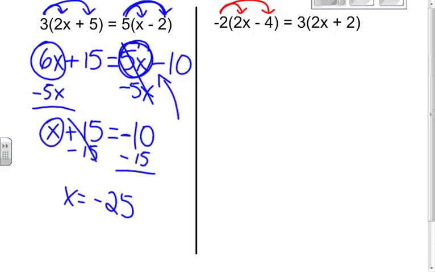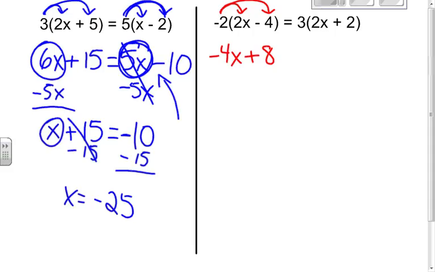Negative 2 times 2x is negative 4x. Now, this is where we have to be careful. Notice I'm not writing a plus or a minus yet. I'm going to multiply first. Negative 2 times negative 4 is positive 8. I can guarantee you that when you're going quickly, if you go too fast, you're going to write this.